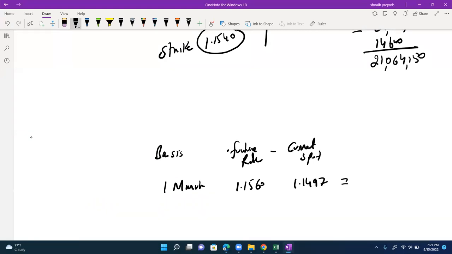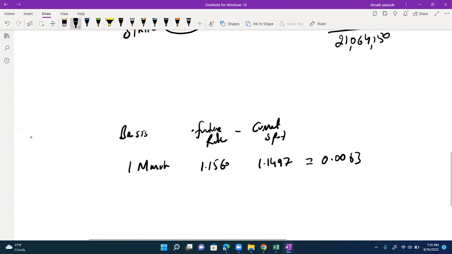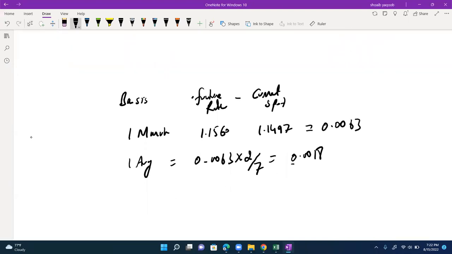So what was the basis? 1.1560 minus 1.1497, so the total basis was 0.0063. And on 1st August, this basis should reduce to 0.0018.